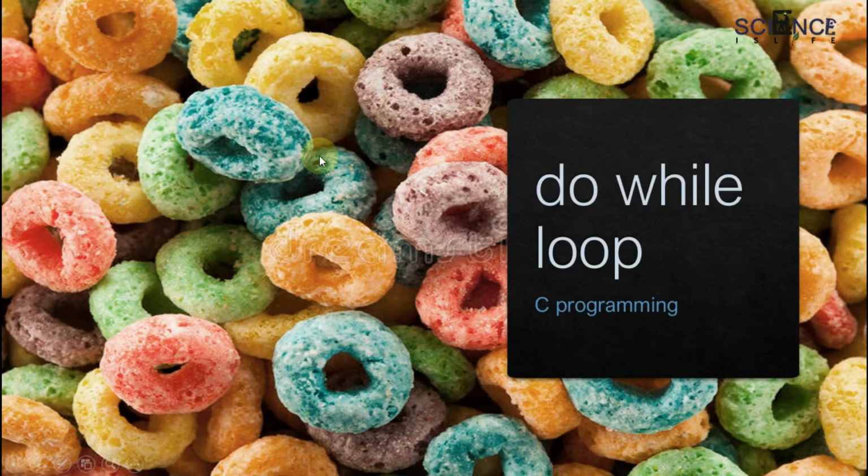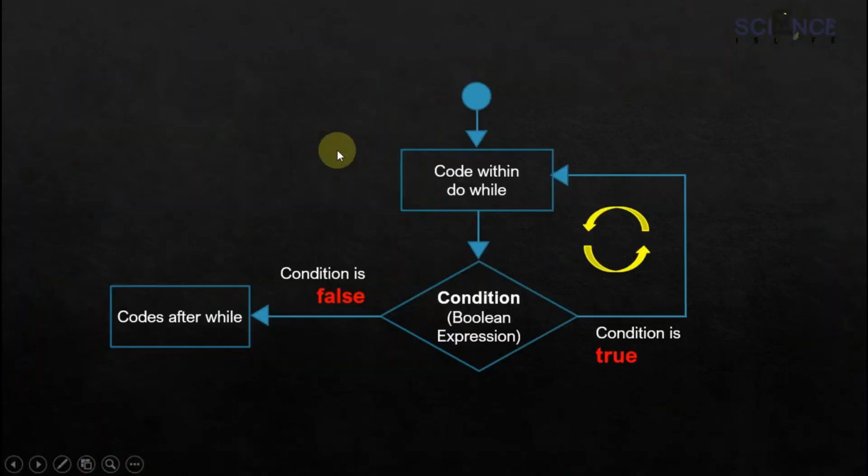Finally I am going to talk about the do while loop in C programming. It is different from the while loop. Let's see what the differences are between the while loop and the do while loop. Before that, let's see how the do while loop is working.